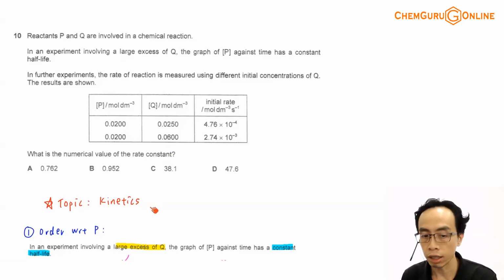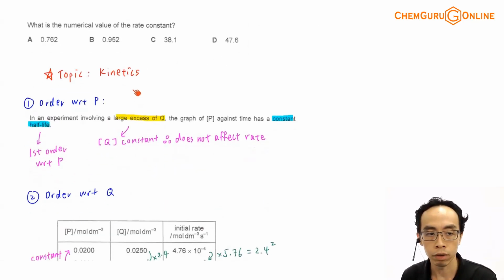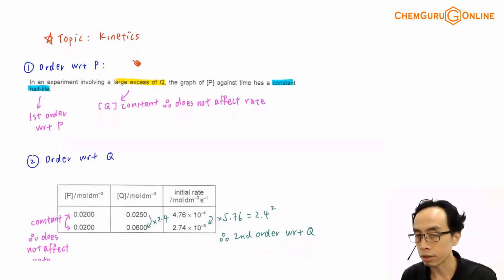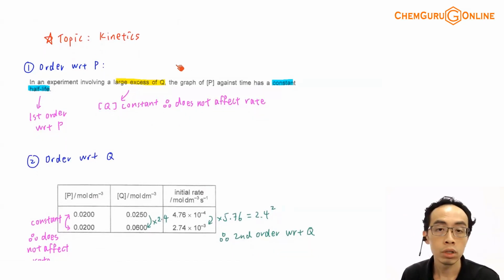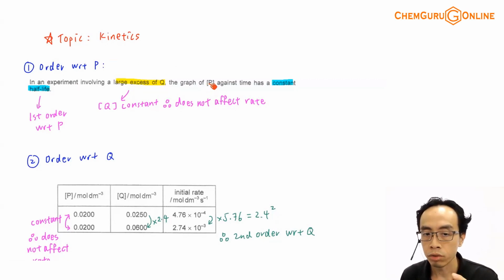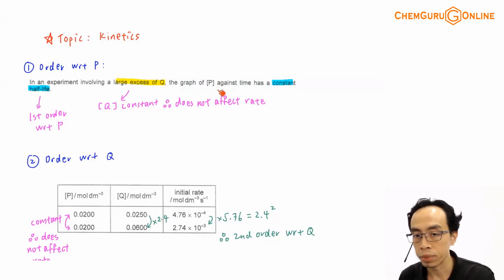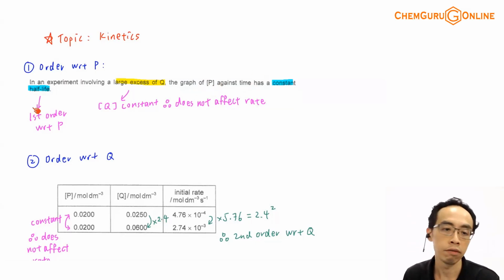So the kinetics questions in general are fairly straightforward, fairly standard. The topic tested, of course, is kinetics. And first, let us try to determine the order of the reaction with respect to P. The question mentioned that in an experiment involving a large excess of Q, the graph of concentration of P against time has a constant half-life.